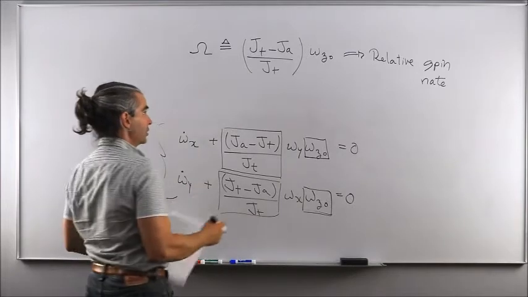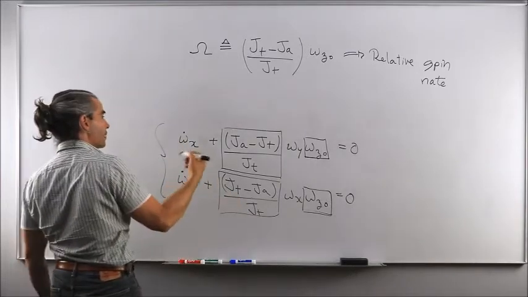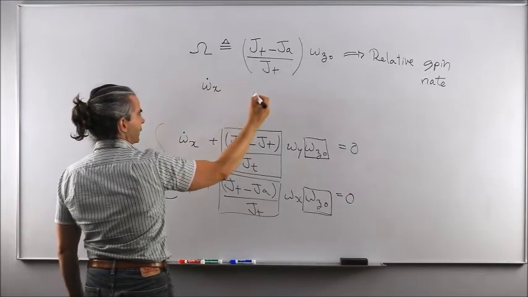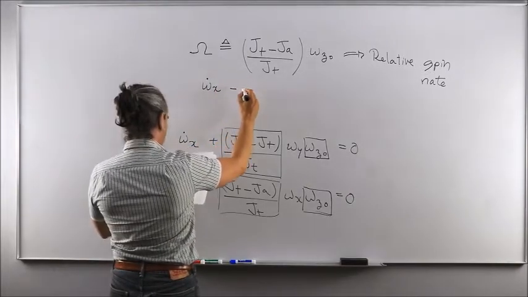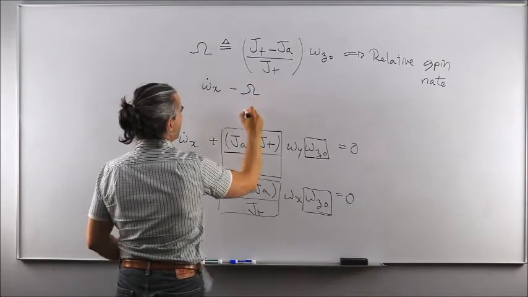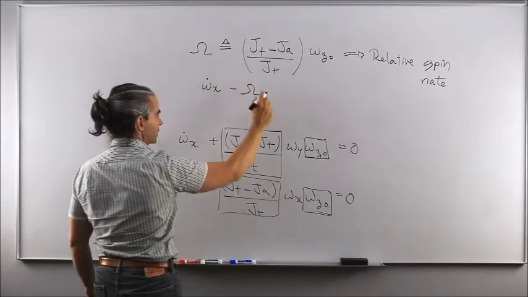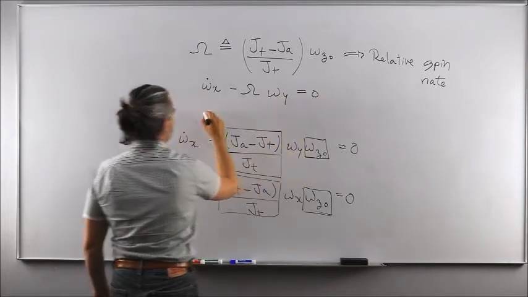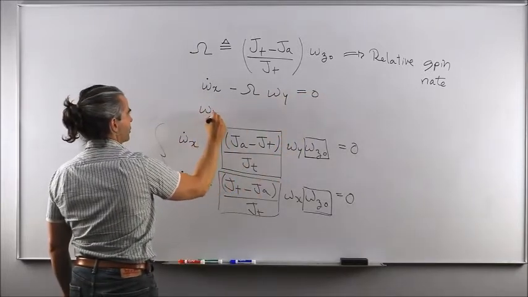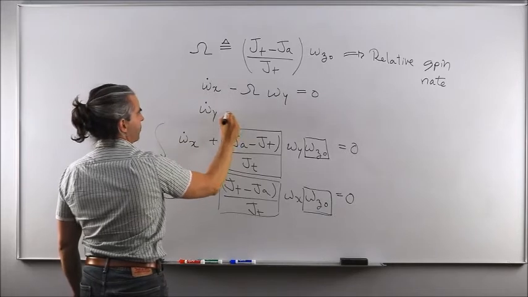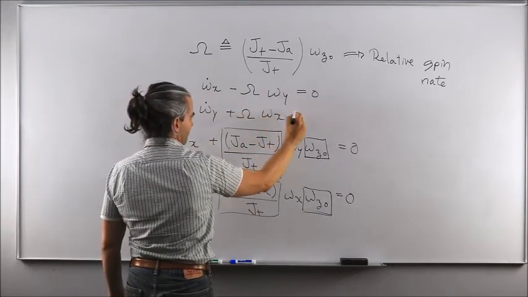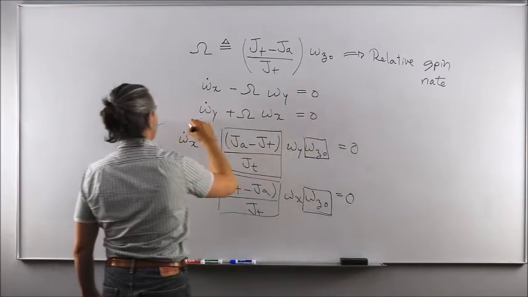Which means that now these two equations could be written in a much more compact way by saying omega x dot minus the relative spin rate, which is altogether a constant, times omega y equals 0. And similarly about the y equations, omega y dot plus the relative spin rate times omega x equal to 0.